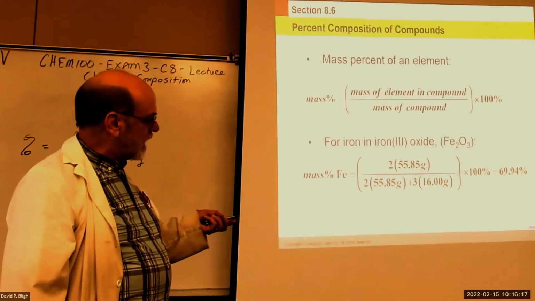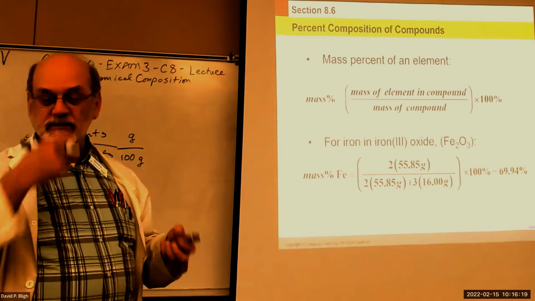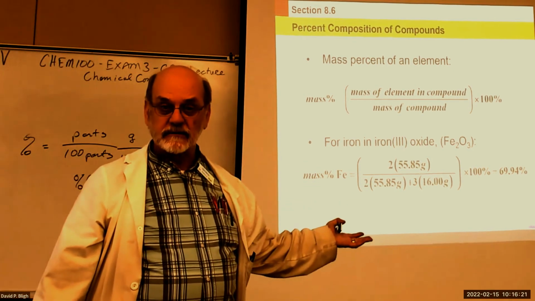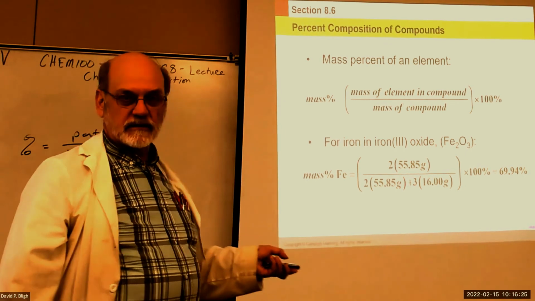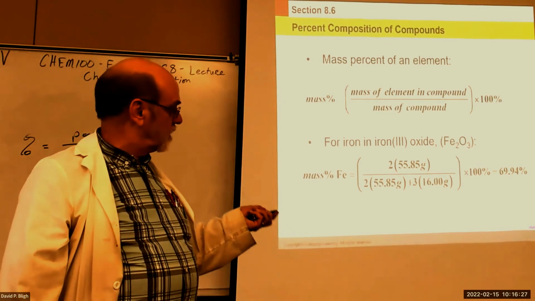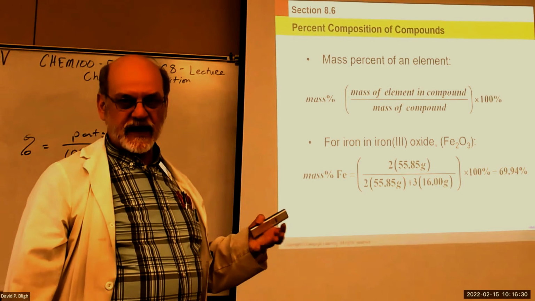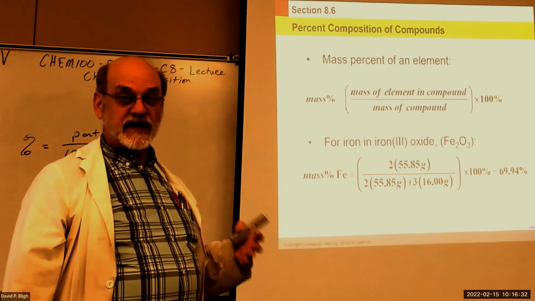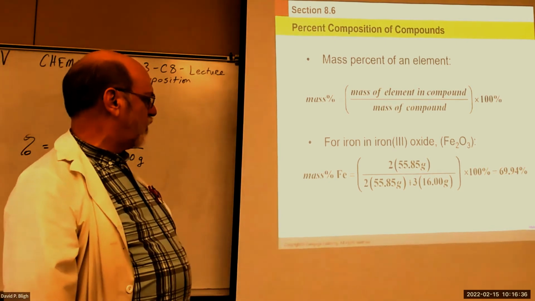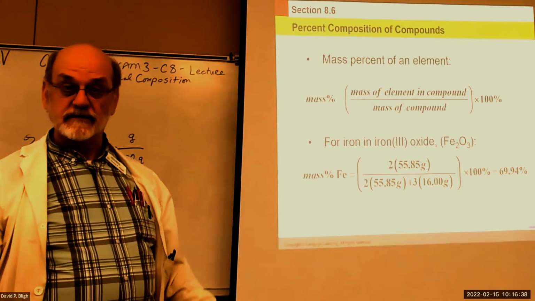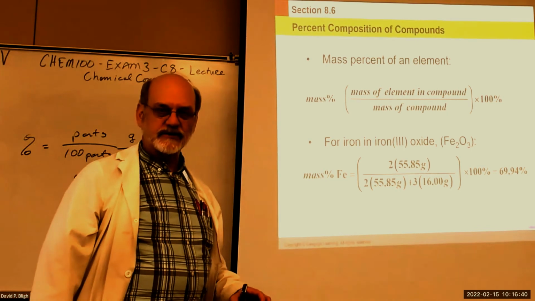So if this is 69.94% iron, what would be the oxygen? Do you need to go back and calculate the oxygen? Well, no. Oxygen is the only other element. So it's 100 minus 69.94% would be oxygen, right? What would that be? 30.06 would be percent oxygen.